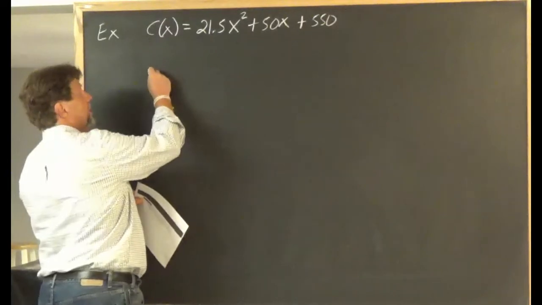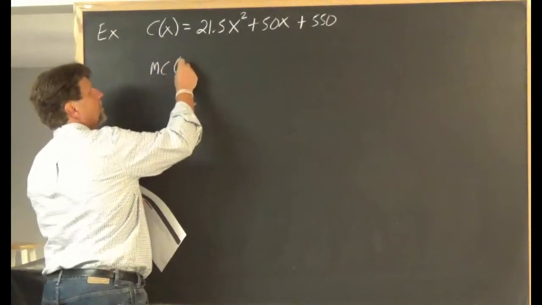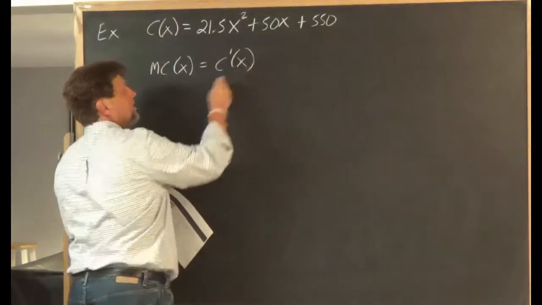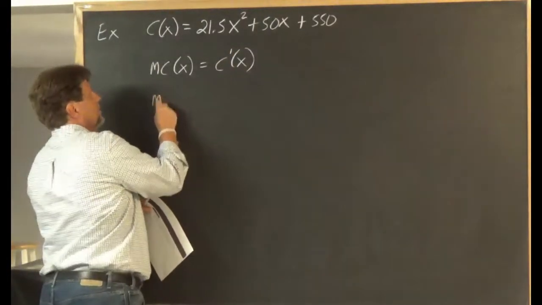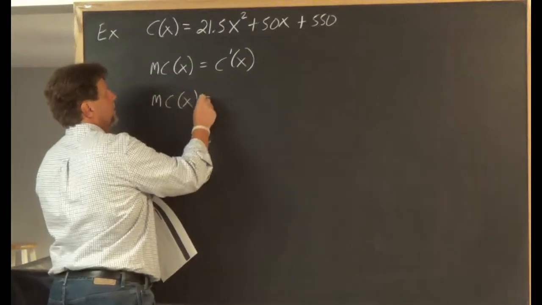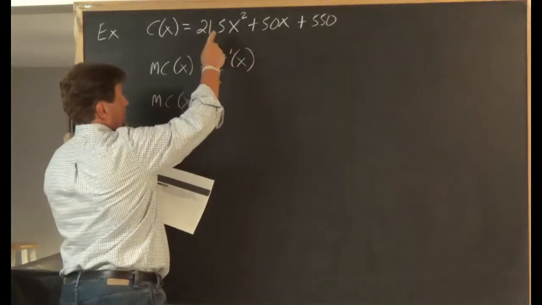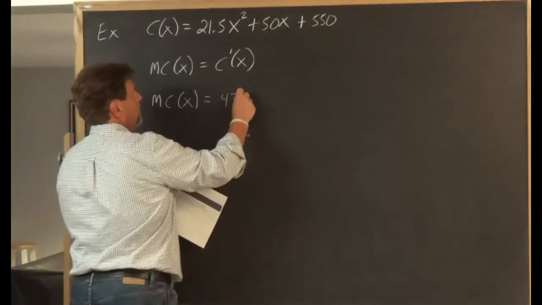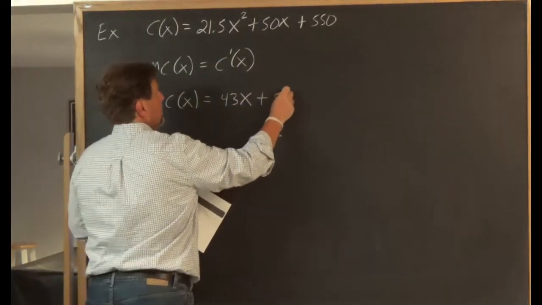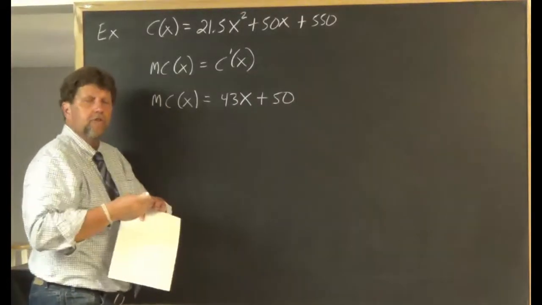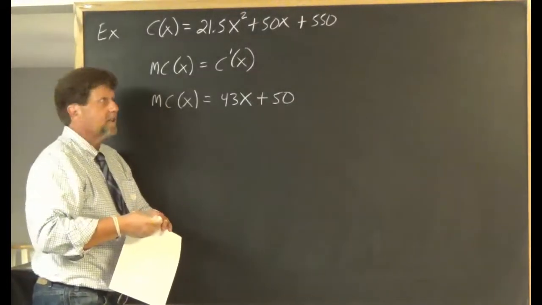First things first, marginal cost is nothing more than the derivative of the cost function. So the marginal cost function, to get the derivative here, is 43x plus 50. There's the marginal cost function. It's simply the derivative of cost.